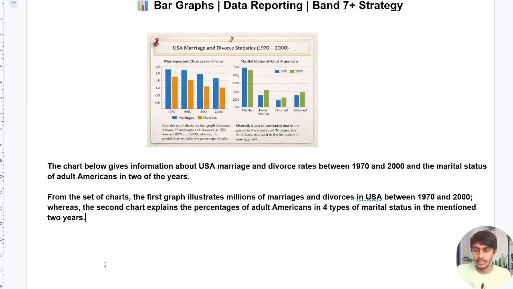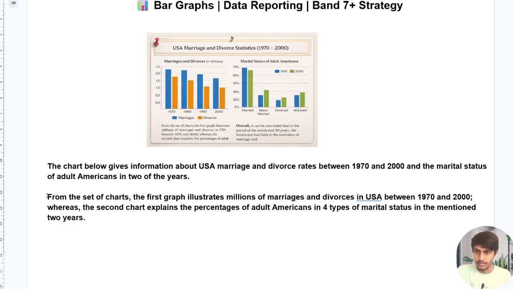The word whereas is extremely important. It shows a contrast between 2 charts, not data. The IELTS examiner loves clarity more than complexity. So this paragraph improves coherence, logical flow, and reader comfort.